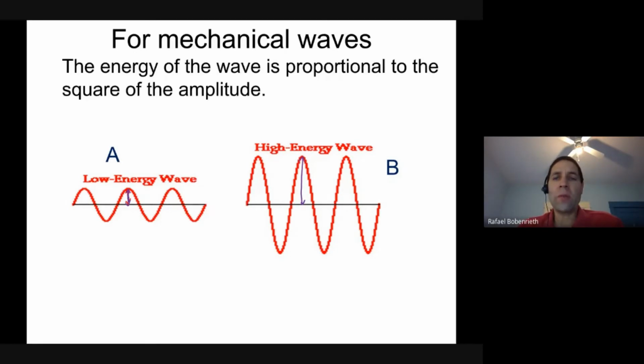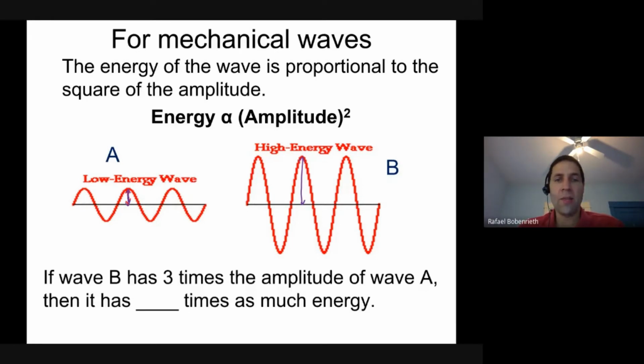The energy of a wave is proportional to the square of the amplitude. So you could write an equation like this. Notice it's not an equal sign, it's a proportional sign. Energy is proportional to amplitude squared. And so, for example, in this scenario, if we said wave B has 3 times the amplitude of wave A, in other words, if the distance here were 3 times as long as the distance here, then how does the energy of wave B compare to wave A?